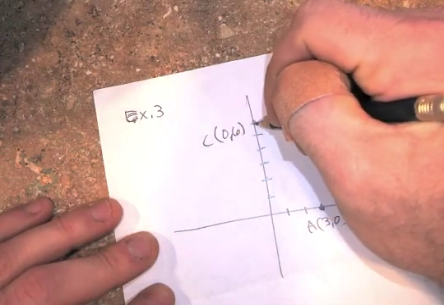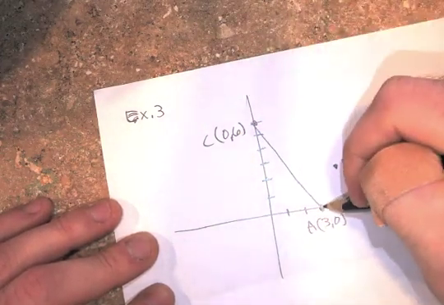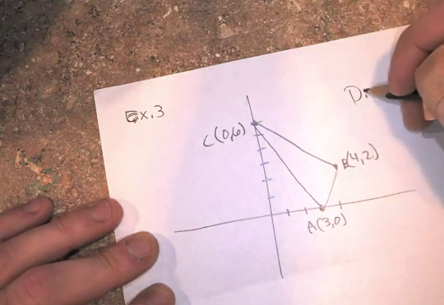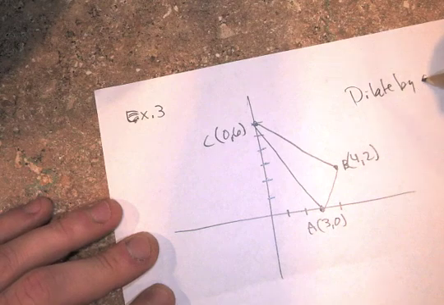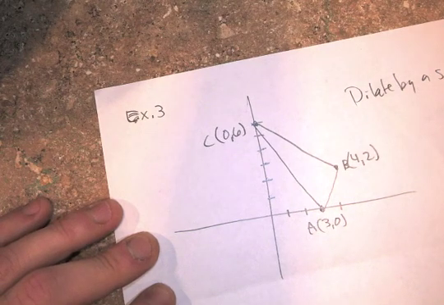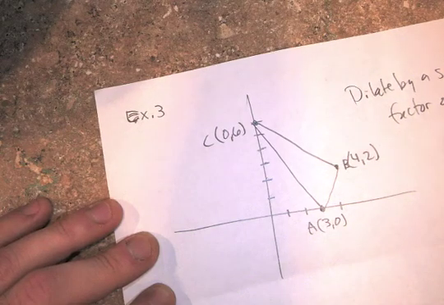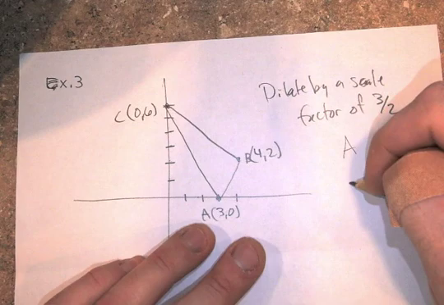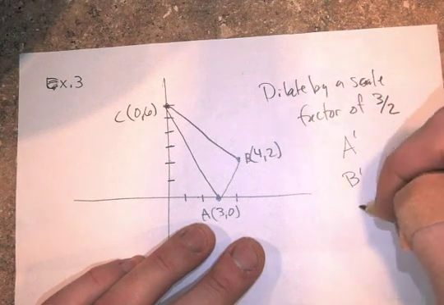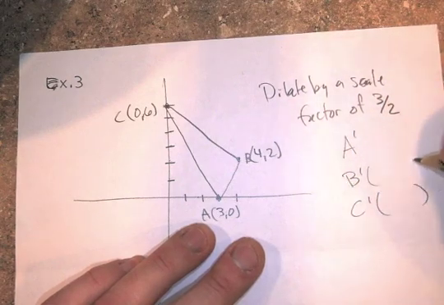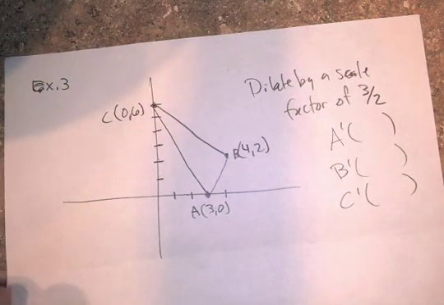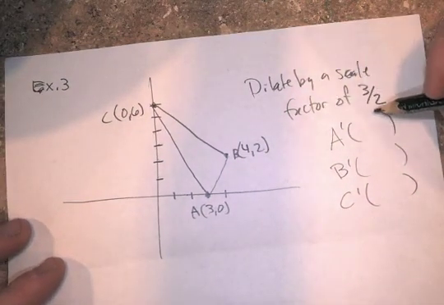This is going to be a little bit different in this one. Dilate by a scale factor of 3 over 2. Okay, get your new points and graph it out. I'll let you guys do that one on your own to finish off your notes there, but dilate by a scale factor of 3 over 2.